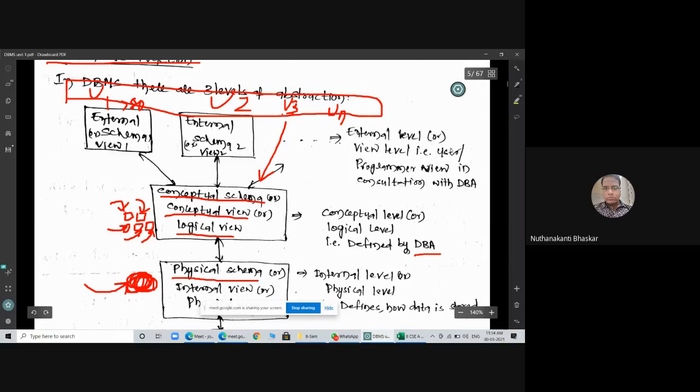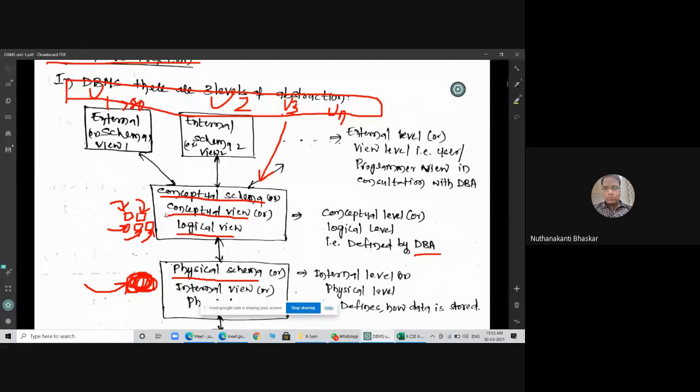There is a chance for the external level to be more than one because different users want to access different data for their requirement. So when you are going to design any database, the database is physically only one and conceptually only one level, but coming to the external view, external level means your database is going to be accessed by multiple people.